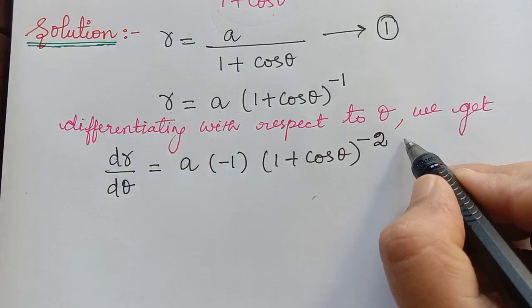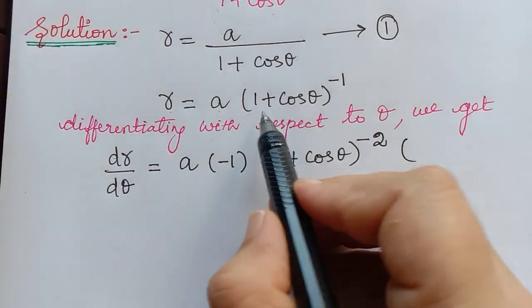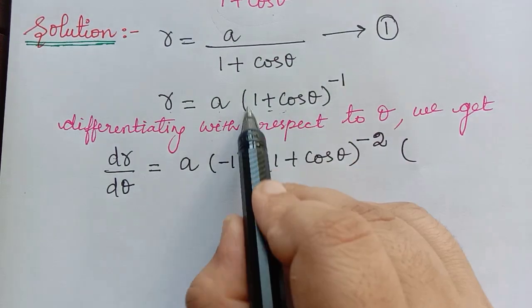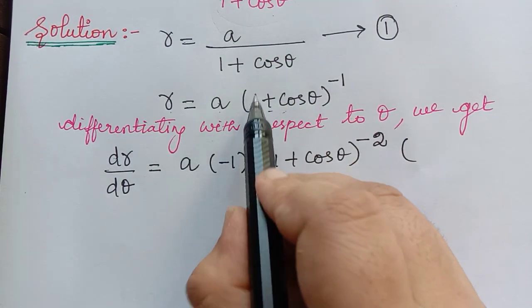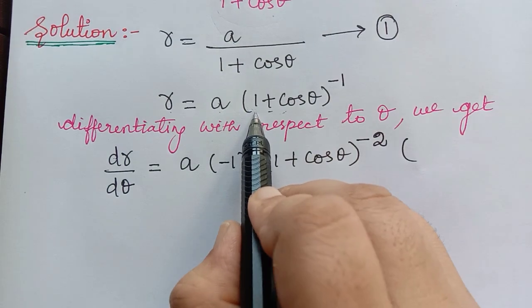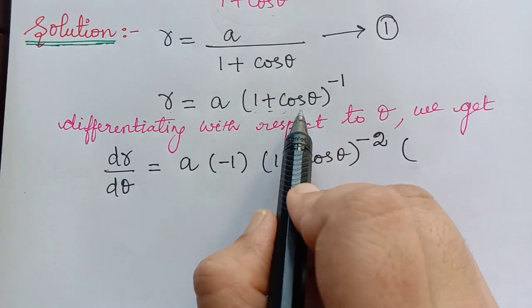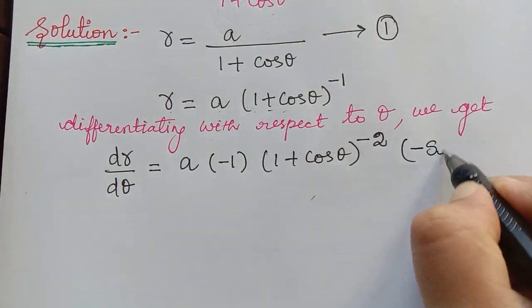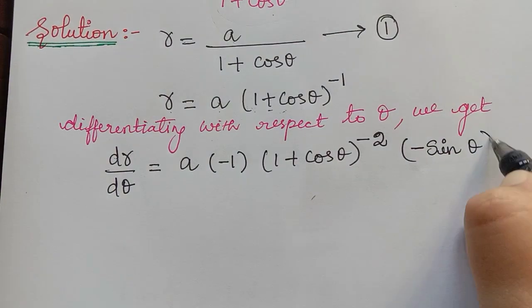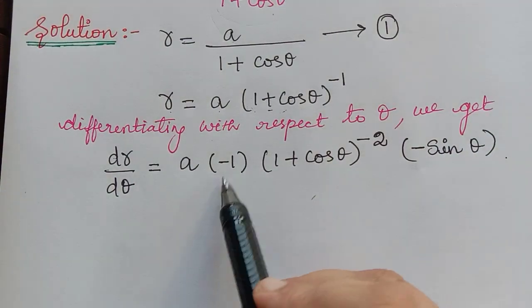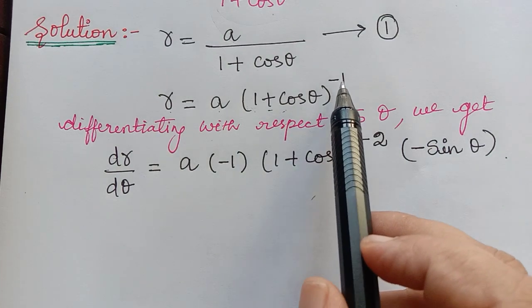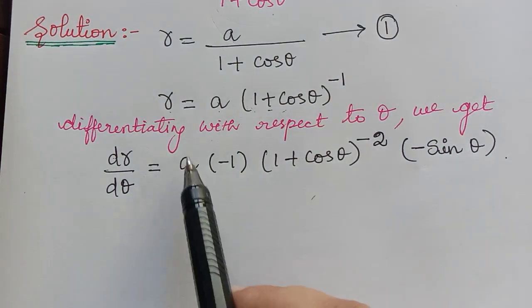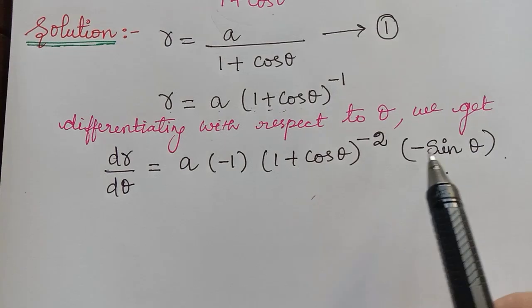Again we have to use the chain rule, multiplied with the differentiation of whatever is inside the bracket. What is the differentiation of 1? It is a constant, so when differentiated it becomes 0. And the differentiation of cos theta is minus sin theta. So this is how we have to differentiate r equal to a multiplied with 1 plus cos theta raised to the power negative 1 by using the chain rule method.